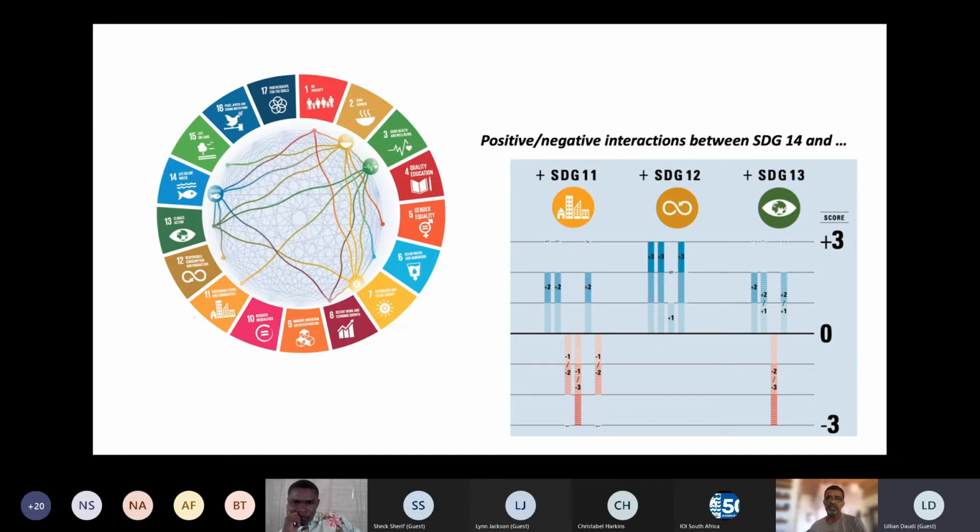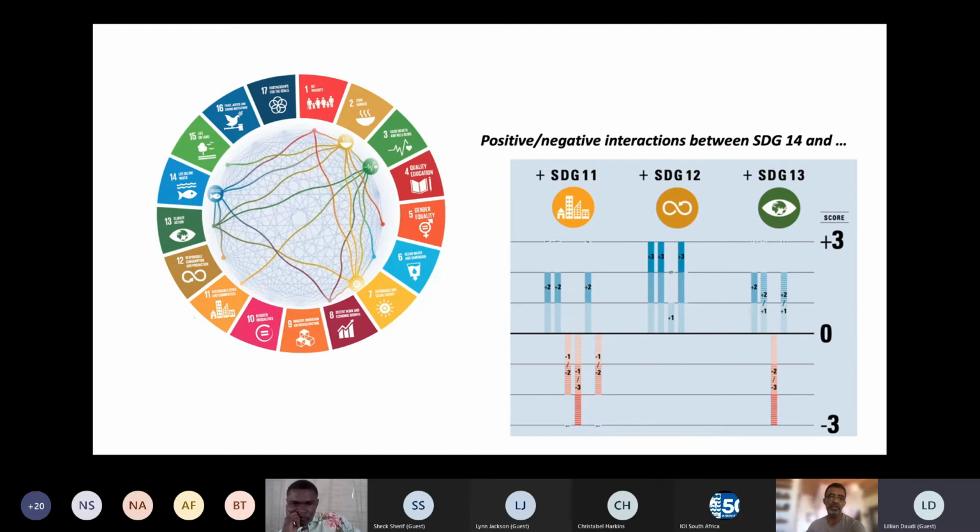So in this case, this study, for example, was looking at interactions around SDG 14, which is the one on life in the ocean. So the one that we often use as our home goal in thinking about ocean governance and ocean protection and utilization. So for example, with SDG 11, which is sustainable cities and communities, there are multiple formal targets that have been identified under each of those goals.